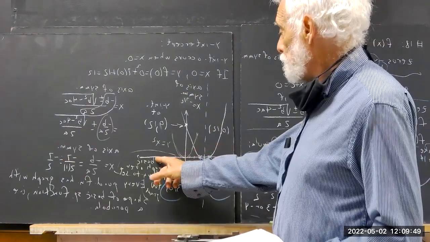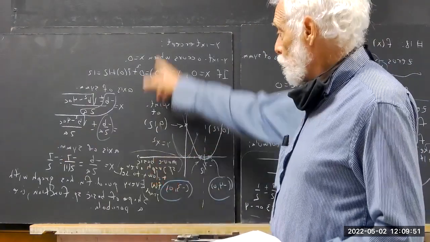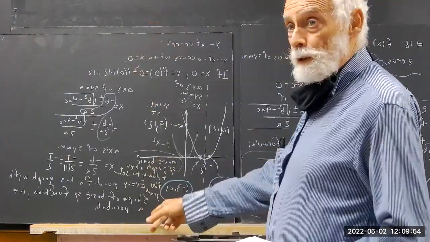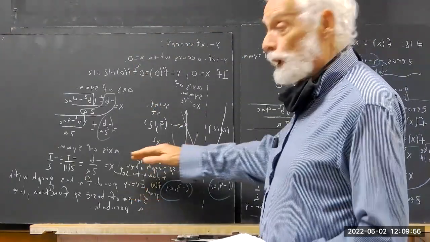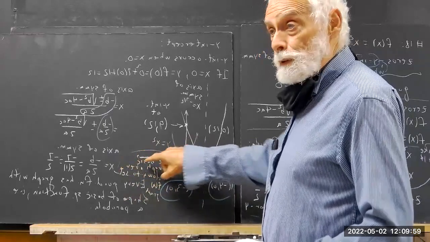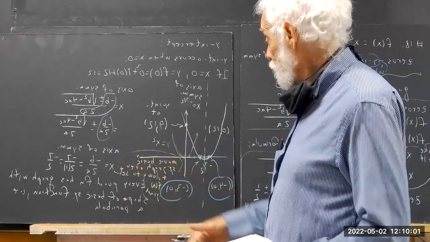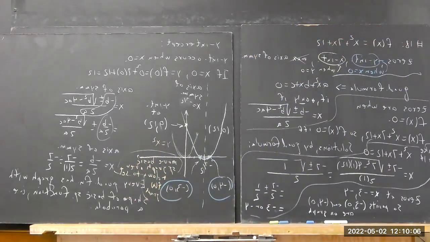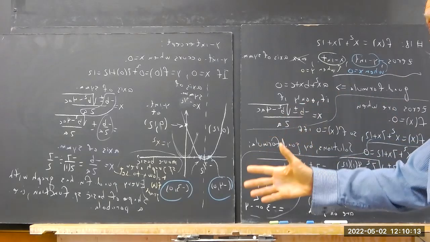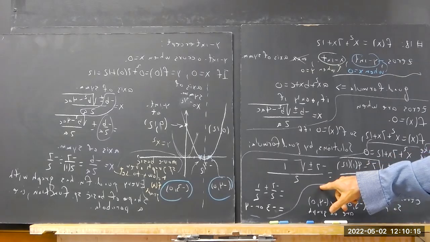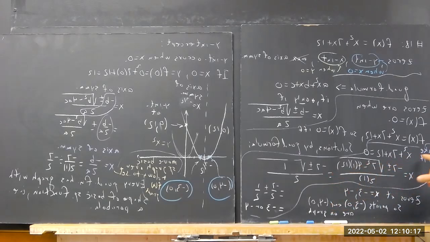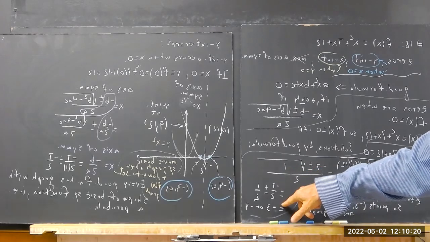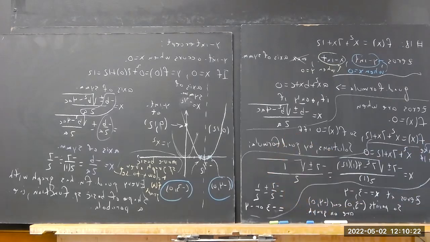The axis of symmetry would be over here, but the whole graph would be above the x-axis because it doesn't go through the x-axis. Okay, so that much is worth understanding about problem 14. But the problem only asks, and if it came out on the test, I wouldn't ask you to do a graph. I just ask you to do this. Okay, this type of calculation will be a complete answer to number 14.